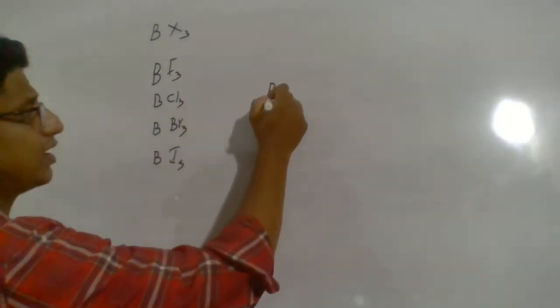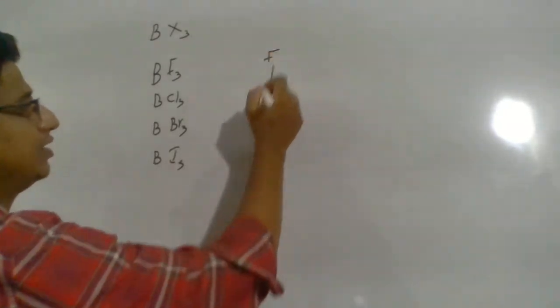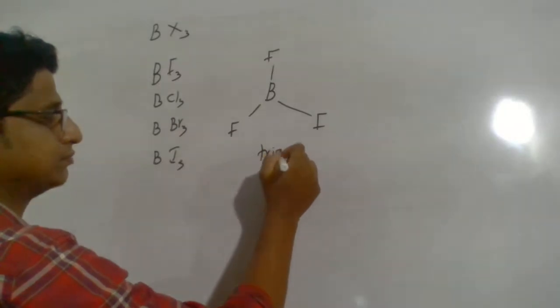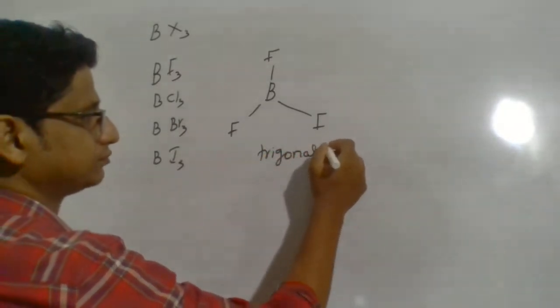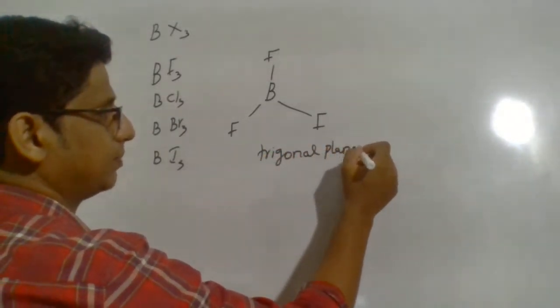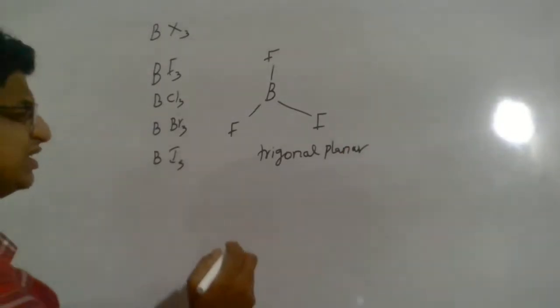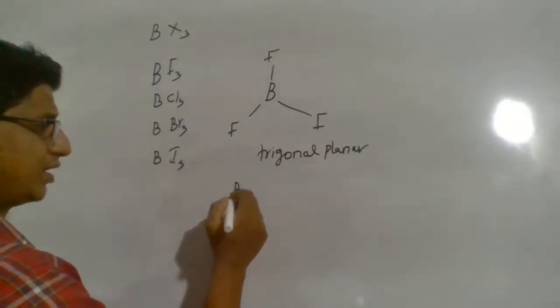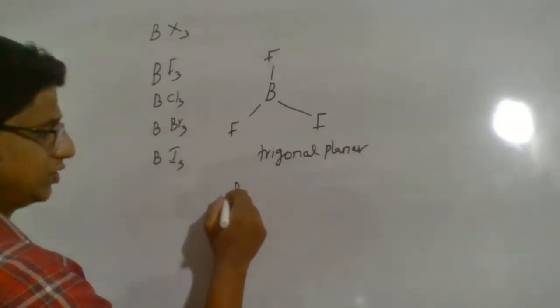Boron halides have a general trigonal planar structure. Let me represent BF3, which has a trigonal planar structure. Why is it so? Just think about the electronic configuration of boron, atomic number 5.